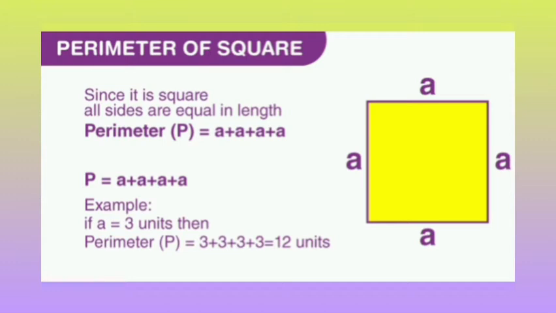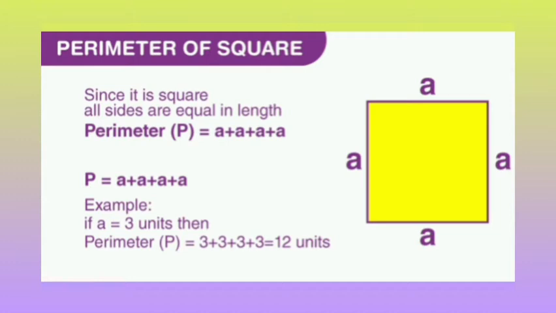Yes, according to the formula, perimeter is equal to the sum of all sides. So here I can write it as capital P is equal to A plus A plus A plus A. So the answer is 4 times A. So we can say that perimeter of a square is equal to 4 times the length of side.